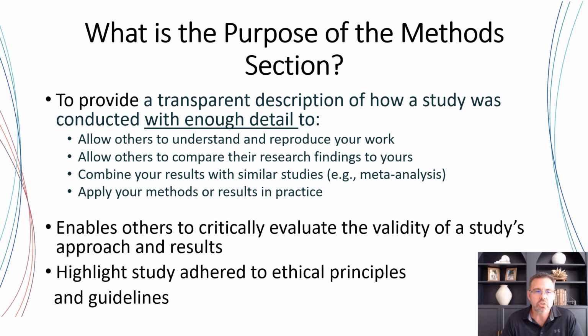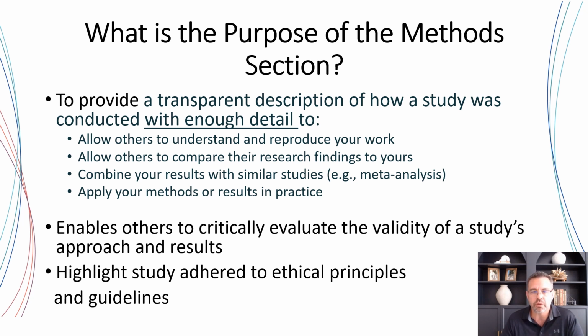Other reasons might be to combine your results with similar studies. For example, if someone's carrying out a meta-analysis and they want to include your paper in their study, there should be sufficient information in your methods section to allow them to extract the pertinent information to be able to do that. And then in some cases, some of your readers may actually want to apply your methods or results in practice, right?